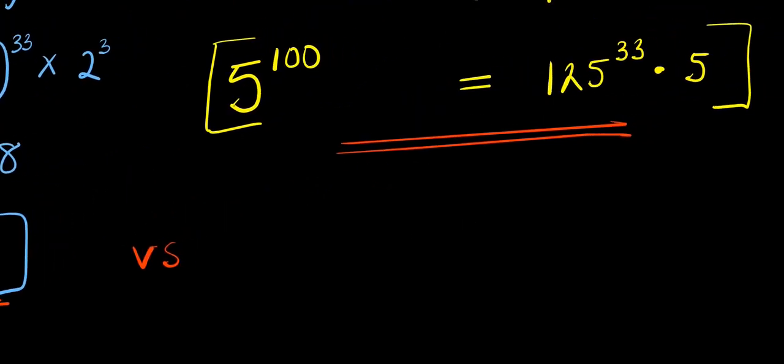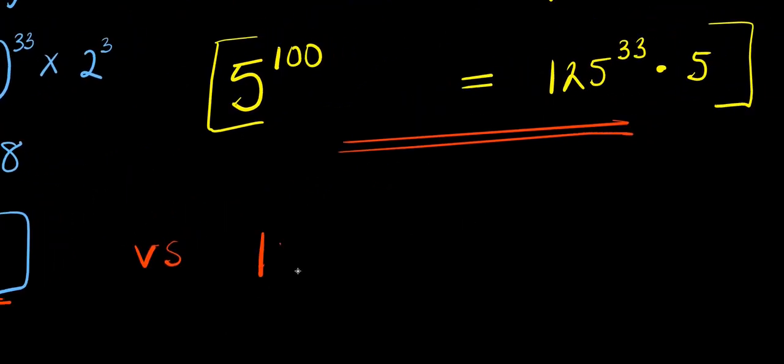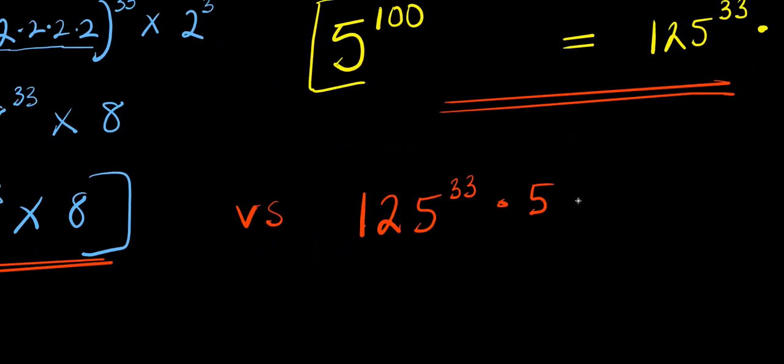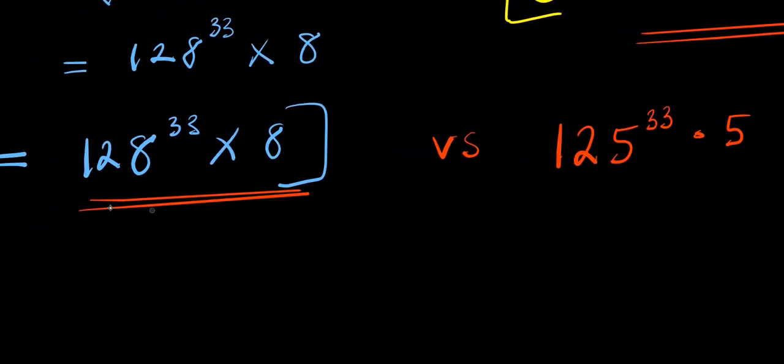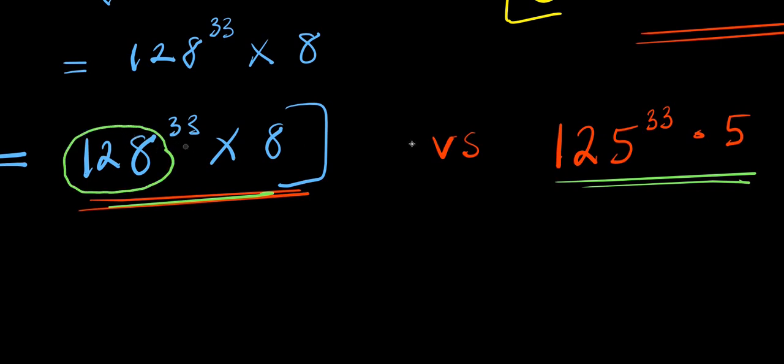This is 125 to the power of 33 times 5. Now look at what we are comparing. We have simplified both numbers to these forms. So we are comparing between this and this. Now, let's consider this base here. This is 128 and this is 125.